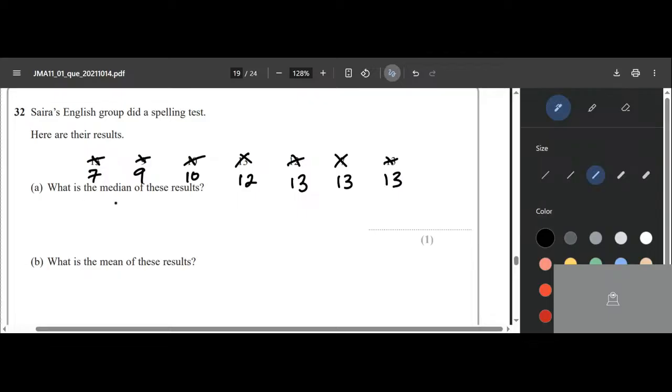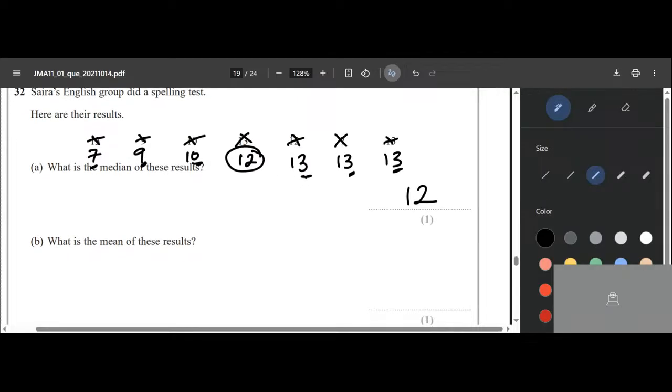So the median is the middle number. So from here, we have 1, 1, 2, 2, 3, 3. So this one is left at the middle. So we have 12 as the middle number. If the median were 2 numbers, you would add them, then you divide by 2.